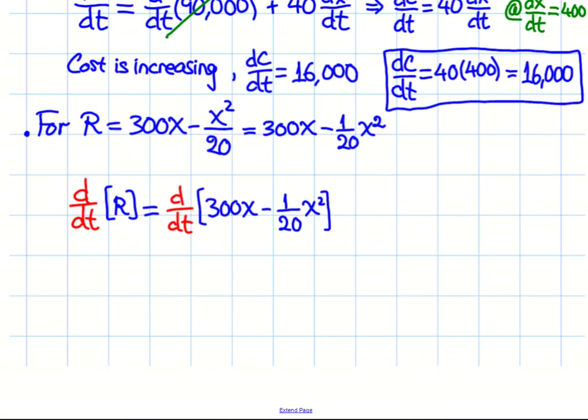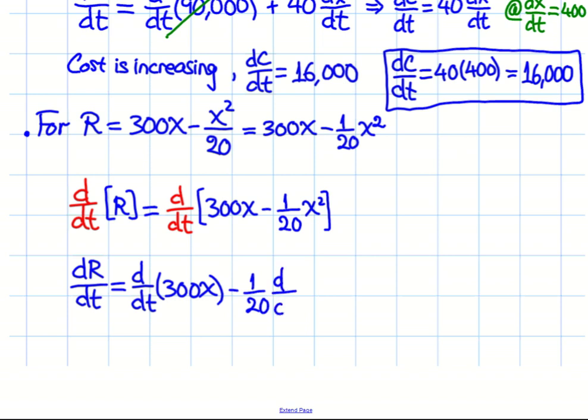Right. So we have dr over dt is equal to d over dt of 300x and then minus 1 over 20 d over dt of x squared. Right. Now similarly to the other related rate problem, d over dt of something squared is equal to 2 times that something and the derivative of that.